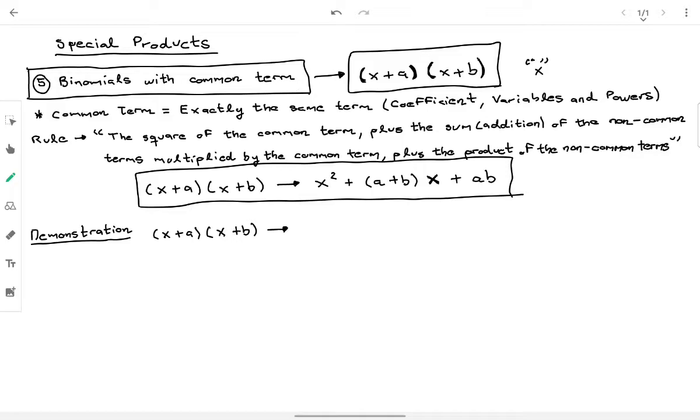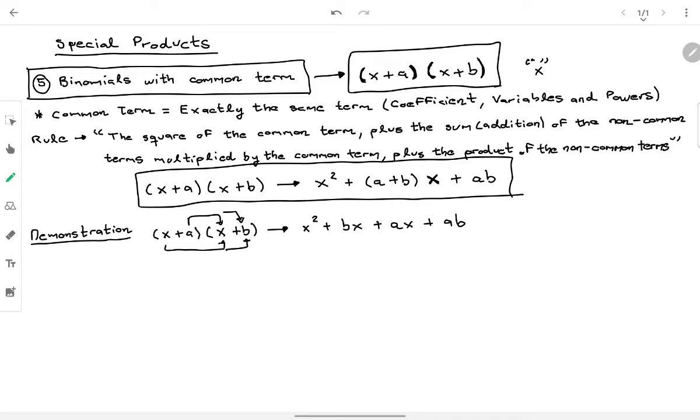Let's see in this case the demonstration. So we need to do the whole multiplication. If we multiply the first term by the others, it will be x squared plus xb. Then multiplying the second term by x and by b, it will be plus ax plus ab. Here we can put it like bx to be in alphabetical order.